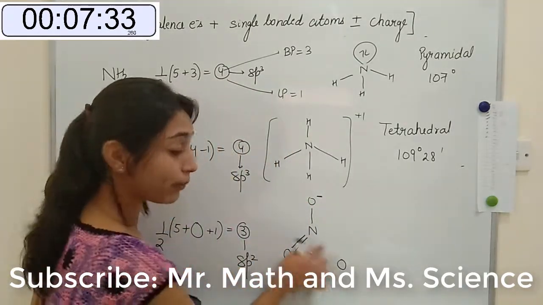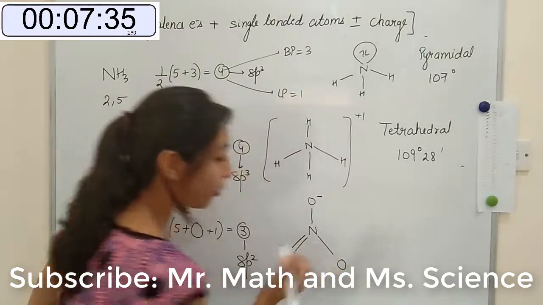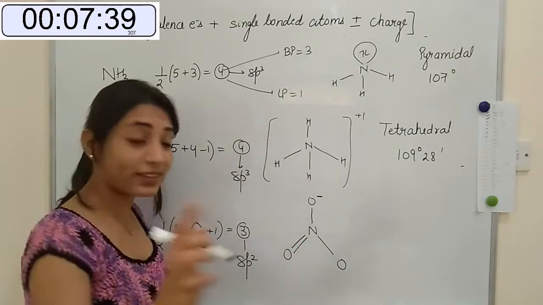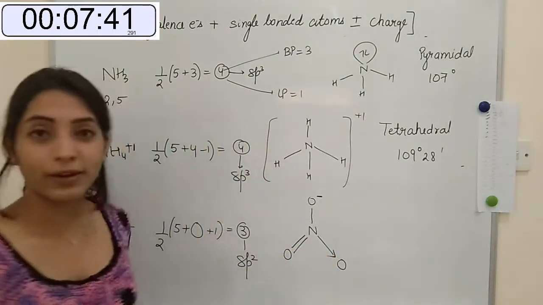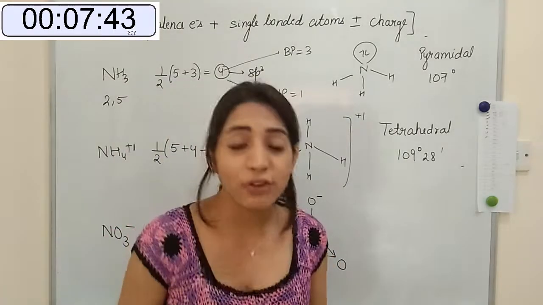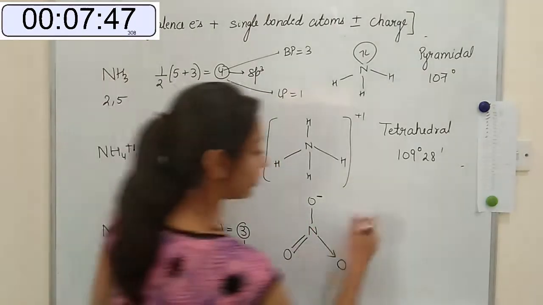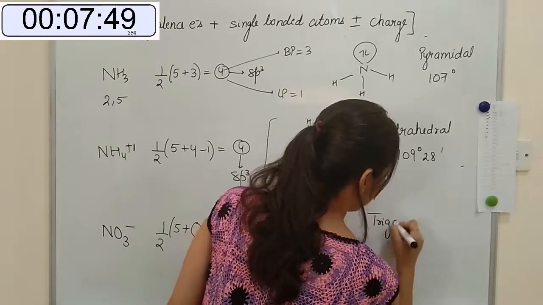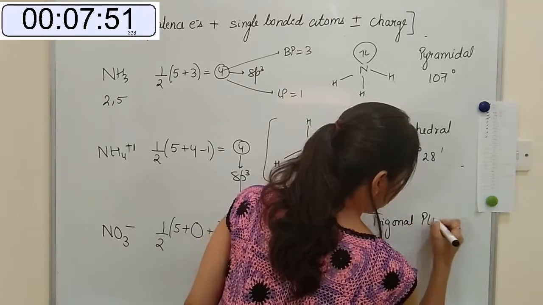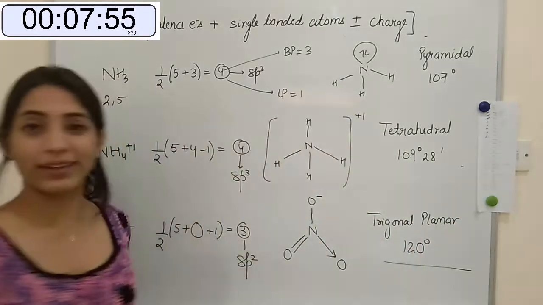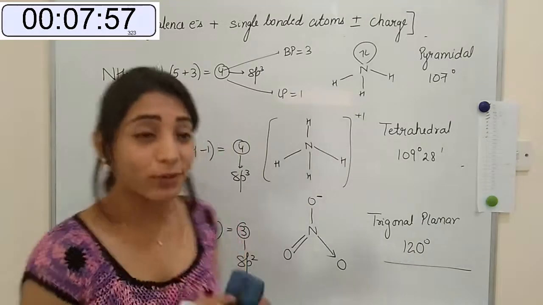So don't put a double bond here. And if I put a single bond, it doesn't work because oxygen will not be stable. Remember, we did, it forms a coordinate bond. Now I told you whether it is coordinate or covalent, doesn't matter. It looks to be the same. So the shape is trigonal planar and the bond angle is 120 degrees. So done with this also.